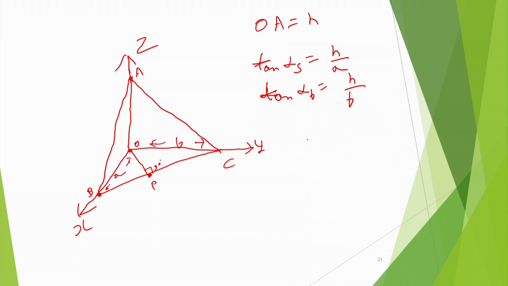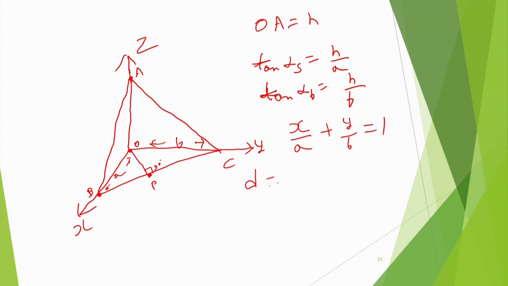Suppose this BC line is there, the equation of line BC is x by A plus y by B is equal to 1. And O is the point 0, 0. If I drop the perpendicular, you know the equation, so how do I find the perpendicular distance?